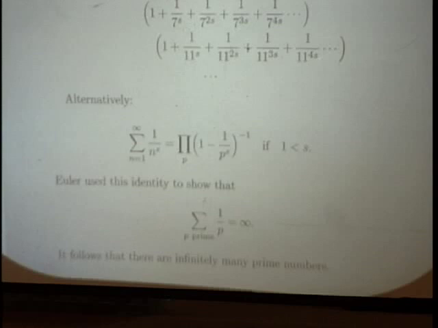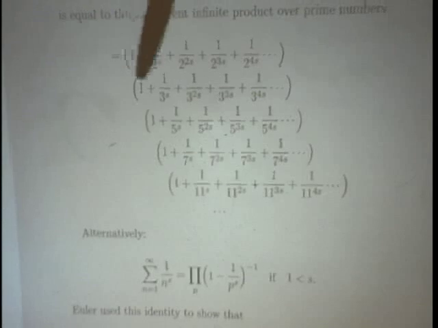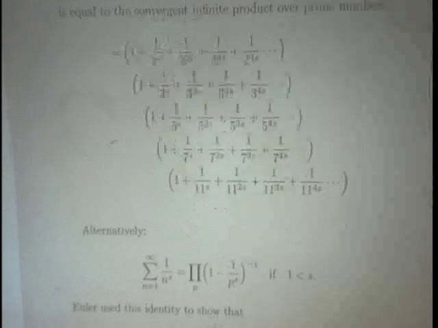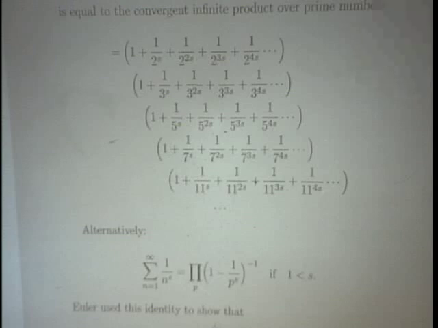Now, why is this an identity? Well, let's just see how you'd form the number 1 here. Obviously, if you're going to multiply all these things together, you're going to take the 1 here and the 1 there and the 1 there and so forth, and just take 1s from all the infinite series that are occurring in here. How do you get 1 over 2 to the s?